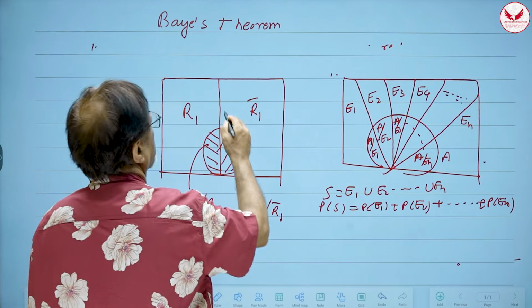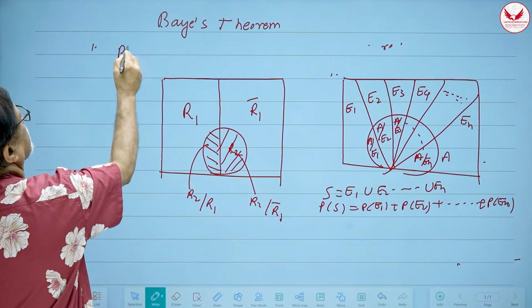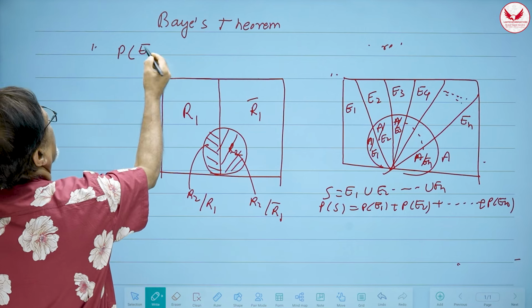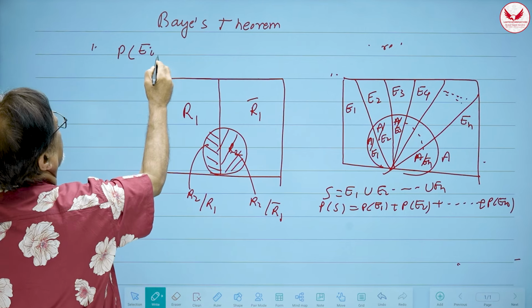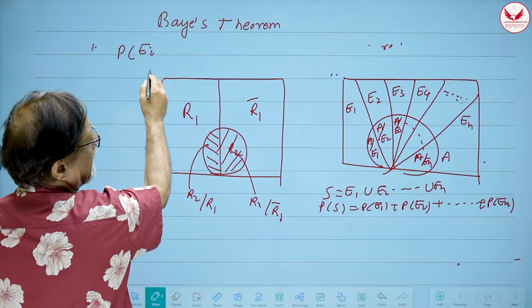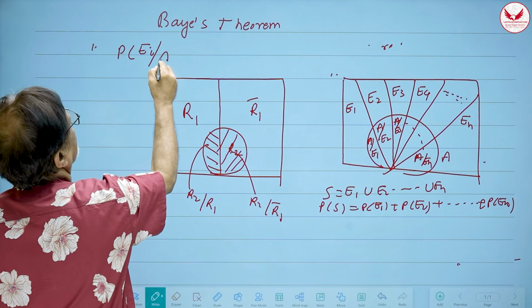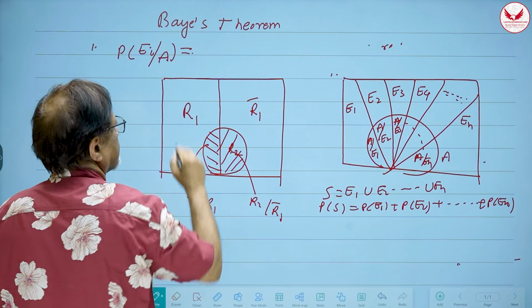Suppose I want to find out the probability of, let us say, Ei, I don't know the number, so Ei, correct? Probability of Ei by A. I am interested in this probability, correct?